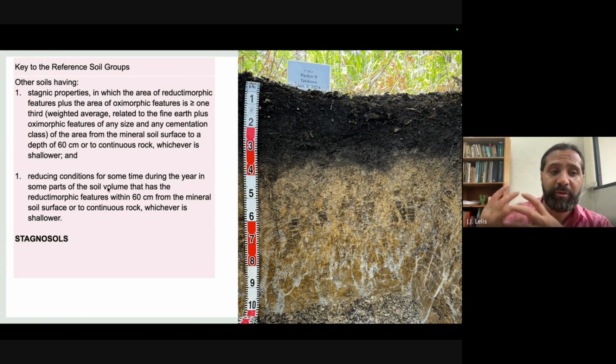So again, these reducing conditions we can see very easily using alpha dipyridyl, a chemical that can react with the iron 2 in the soils and show that we have some reducing conditions, okay?